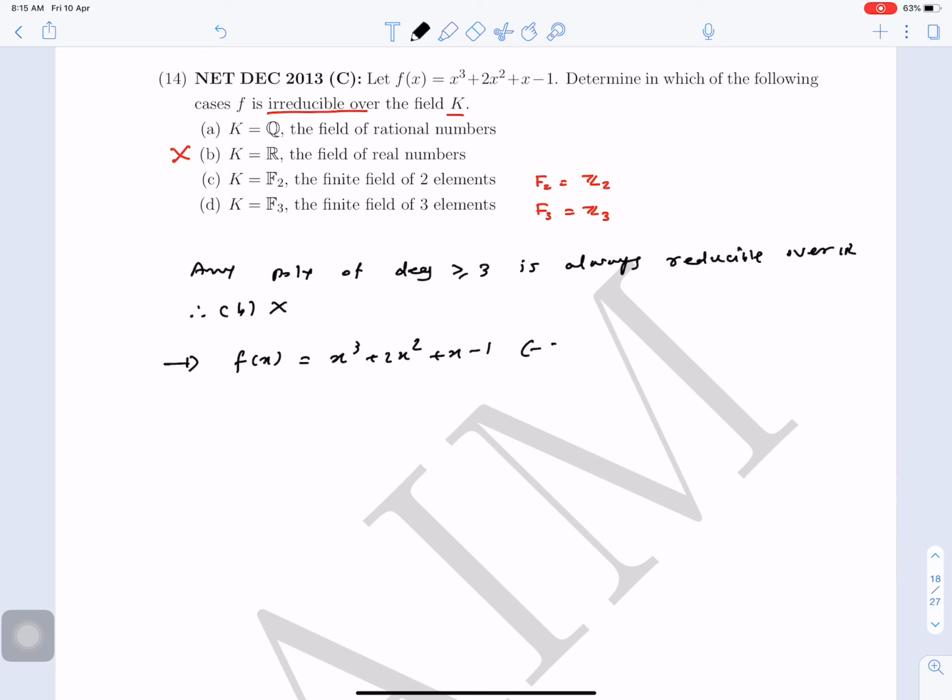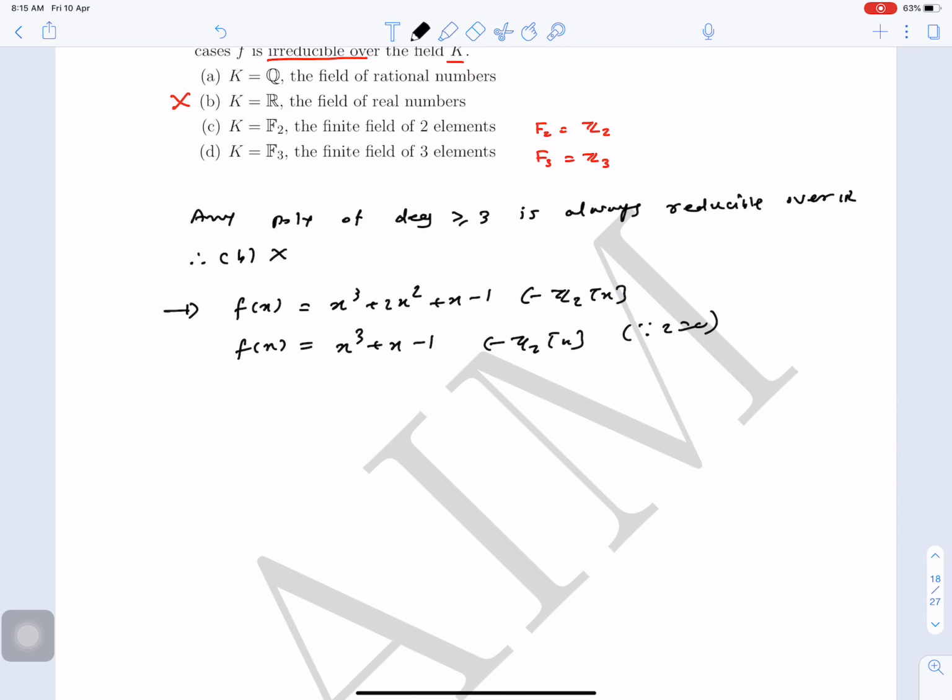So it is over Z2[x], but if I consider it over Z2, then it is x cube plus x minus 1, because 2 is equal to 0. Now Z2 contains only 2 elements, 0 and 1.